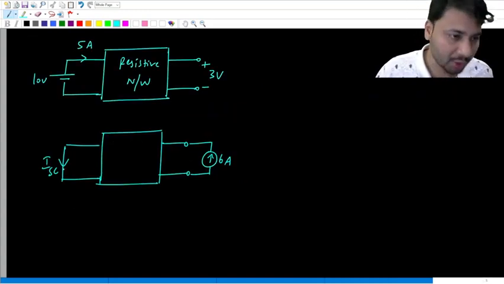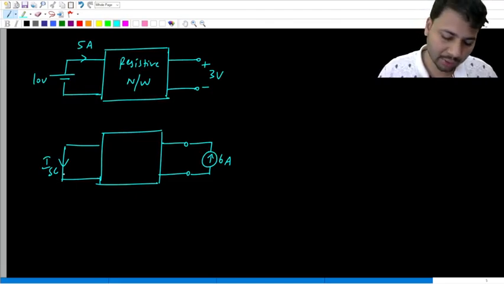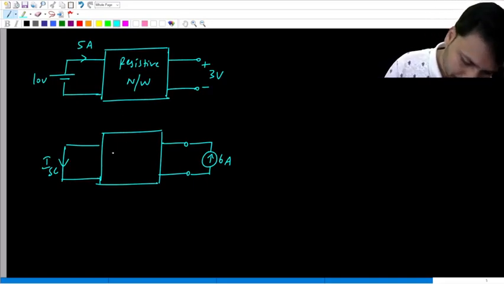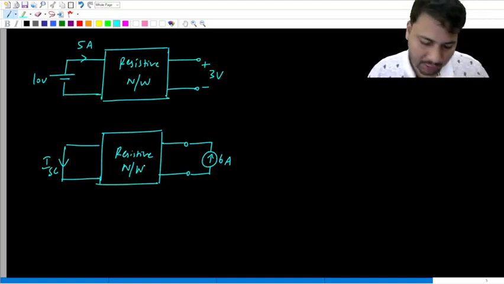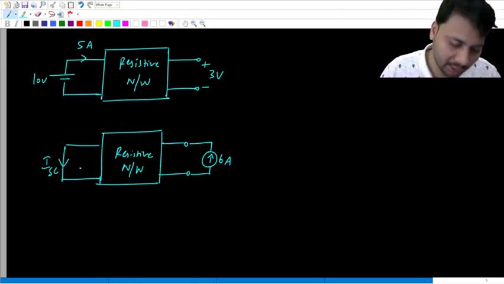So when you make the 2 ohm a short circuit, you get this short circuit. Let the short circuit current be some ISC. This is also the same resistive network. Now we can apply the reciprocity theorem to find ISC.